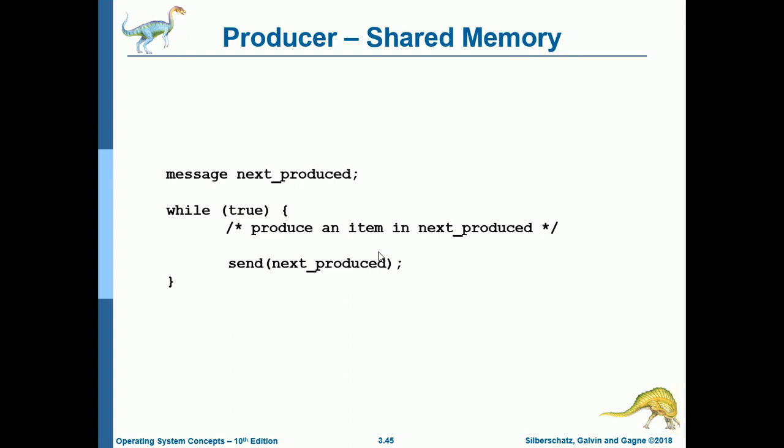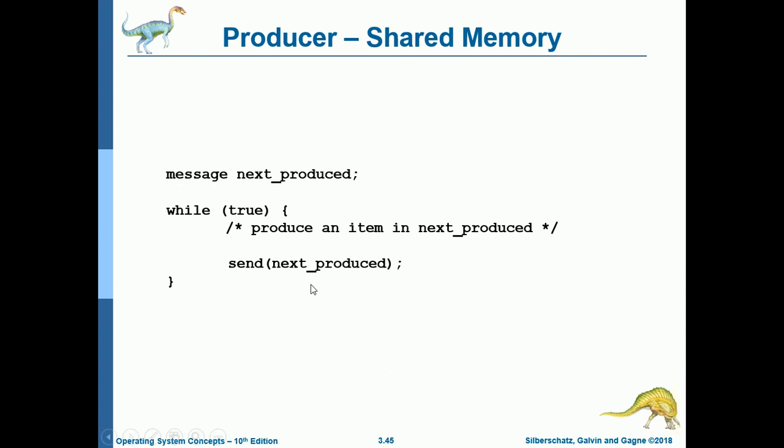Okay, next we have the producer and consumer for message passing. Message next_produced is the process, the line to be run, in C. While true, produce an item in next_produced and send next_produced as the message.